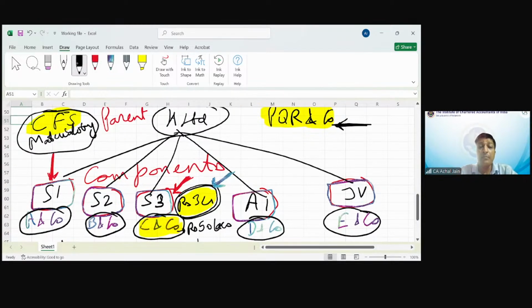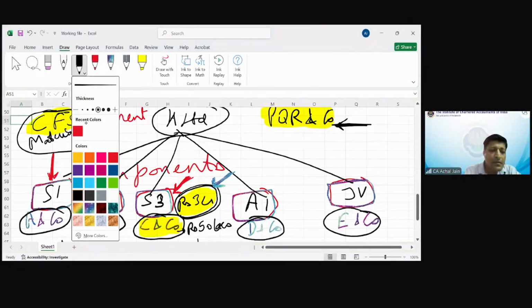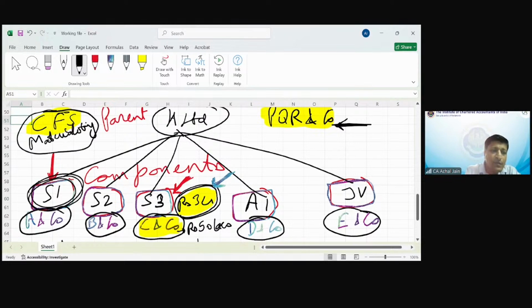That's why, when the parent auditor issues the audit report on CFS, please remember, the parent auditor will clarify in the audit report that all of these components, S1, S2, S3, A1, JV, are not audited by the parent auditor.